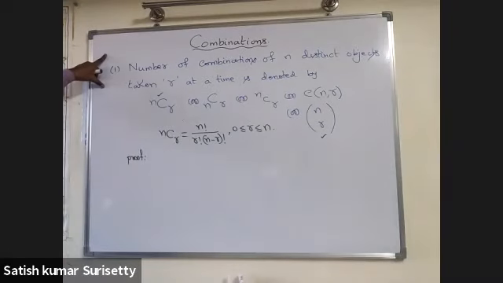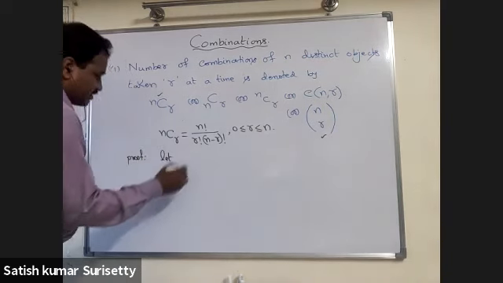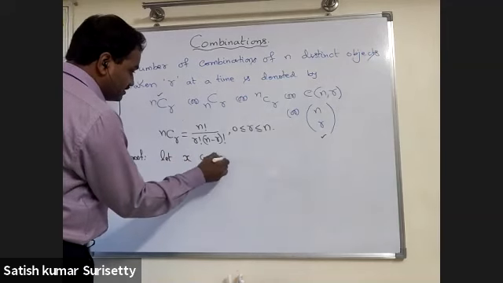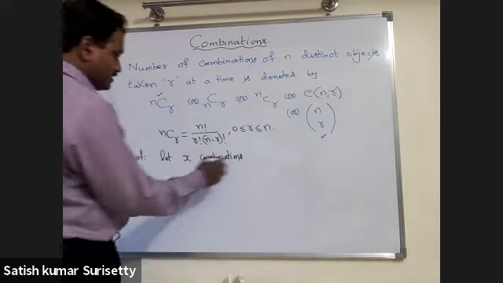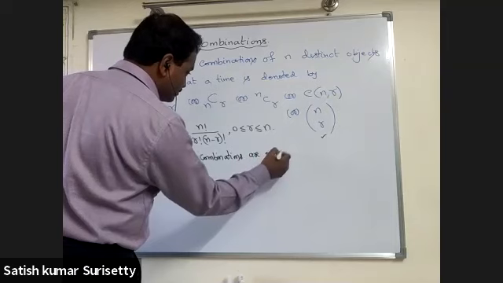Now, let us assume that there are x combinations possible, meaning x groups or x selections are possible.